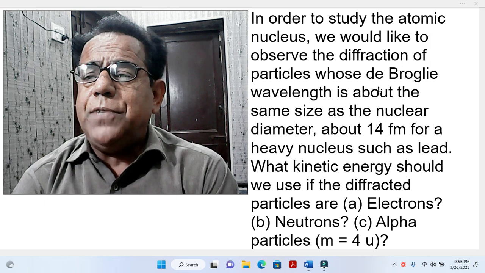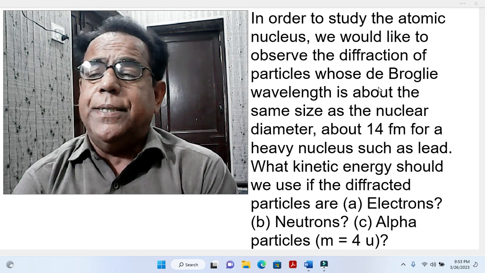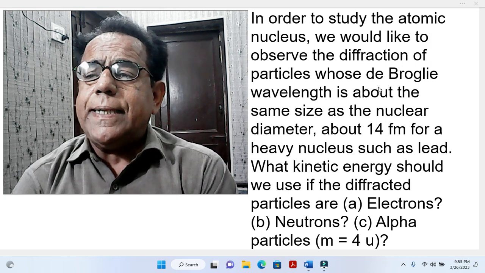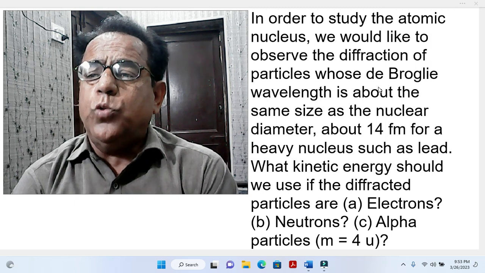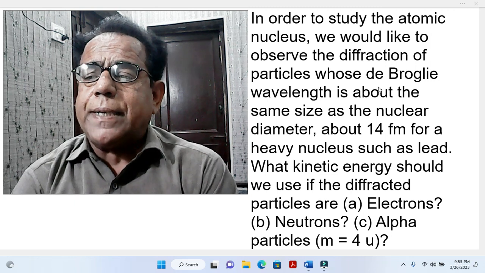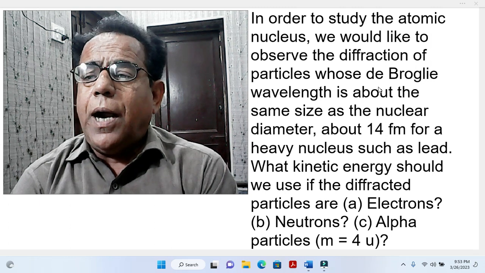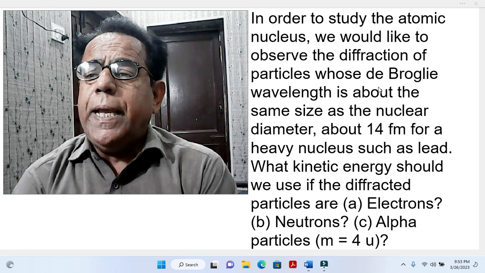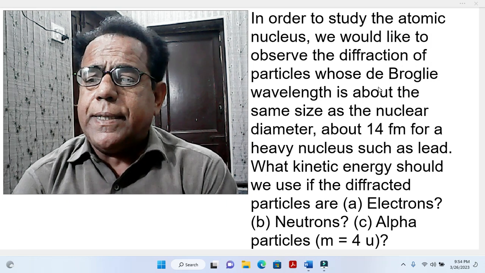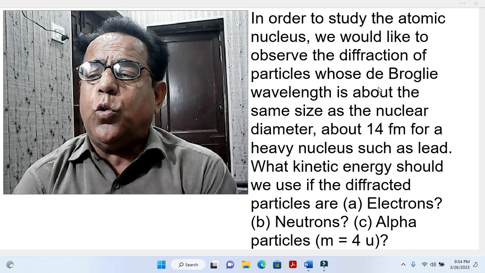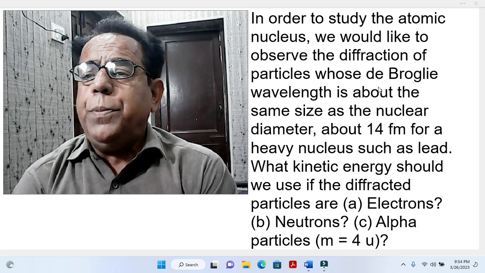Femtometer for a heavy nucleus such as lead. What kinetic energy should we use if the diffracted particles are part A electrons, part B neutrons, part C alpha particles? And for alpha particles, m is equal to 4u, atomic mass unit.